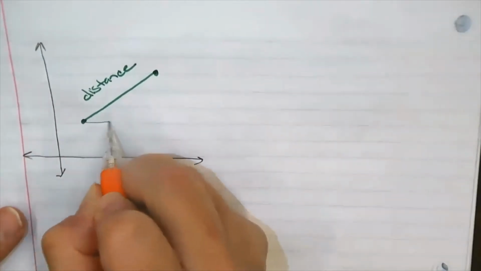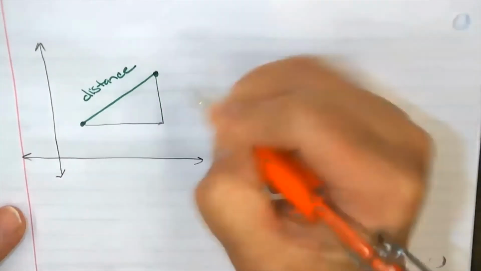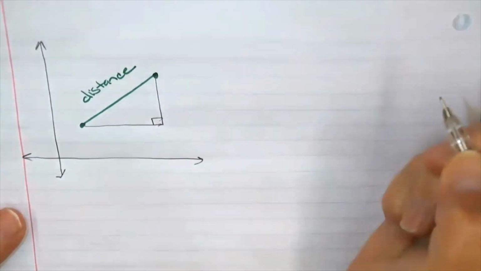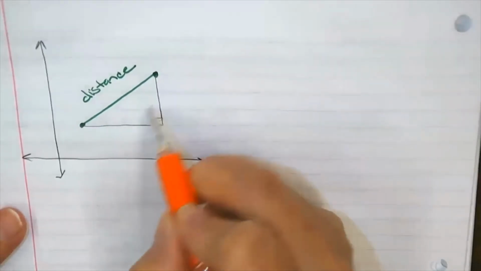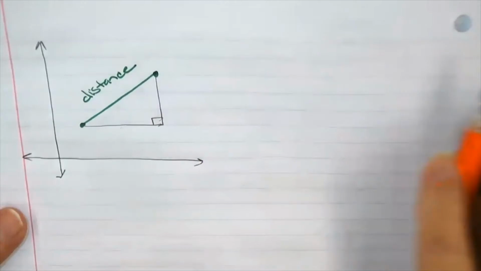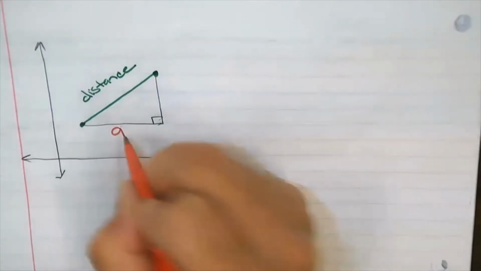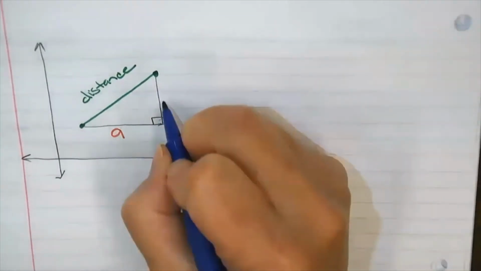But we do have the Pythagorean theorem that says if we have a right triangle, so I just created a right triangle, that A squared plus b squared will equal c squared.